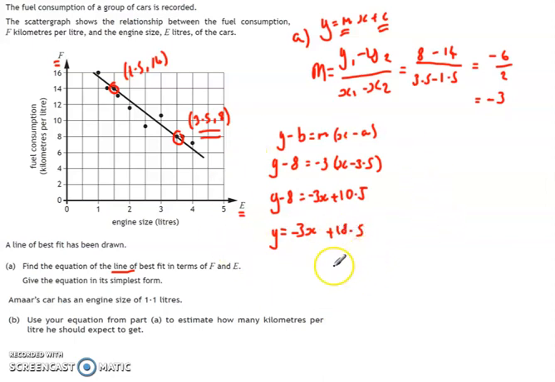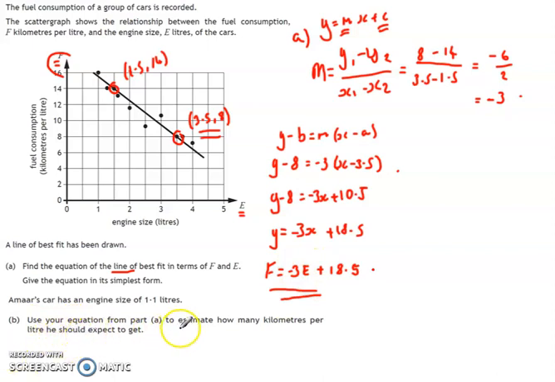Now we've got it here, but it's still in terms of y and x, so we have to put it in terms of the variables we want. So the E is the x-axis, the F is the y-axis. What that means is that F equals negative 3E plus 18.5. That is the only way we will get that final mark. It's a 3-mark question, 1 for the gradient, 1 for substituting in, and 1 for the final answer, but it must be in terms of F and E.